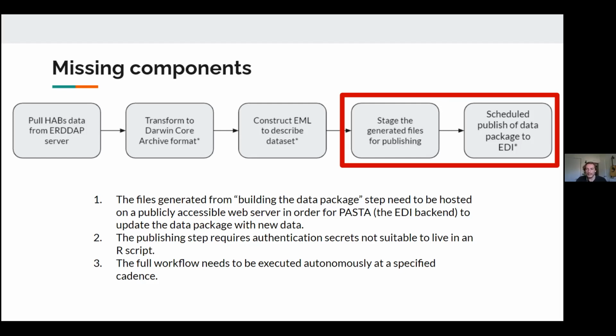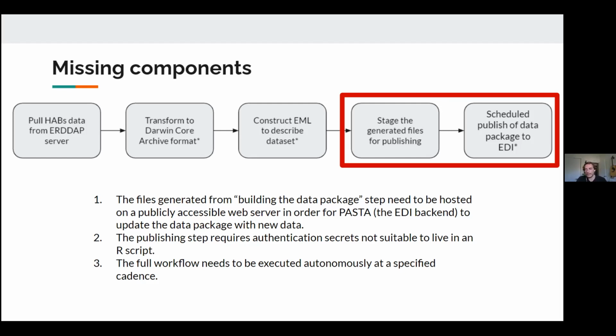Another was that the publishing step to actually use those EDIutils functions requires authentication secrets that you don't necessarily want floating around in an R script. So that was another challenge that needed to be addressed.